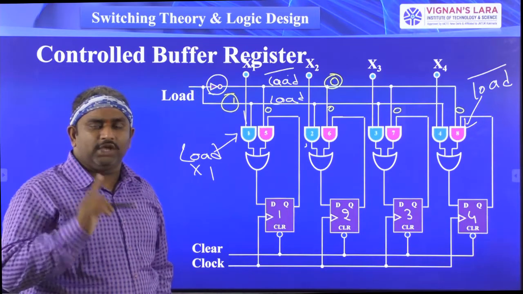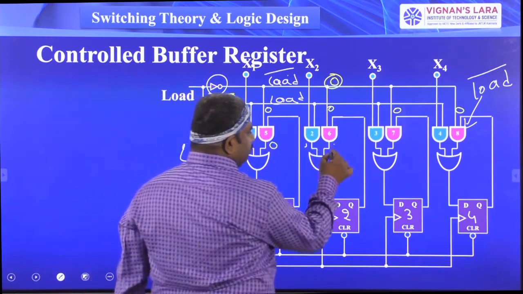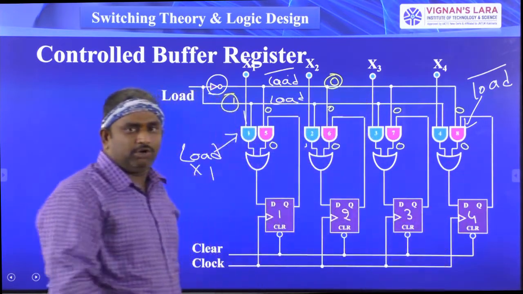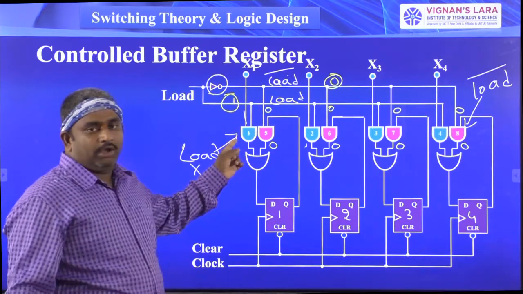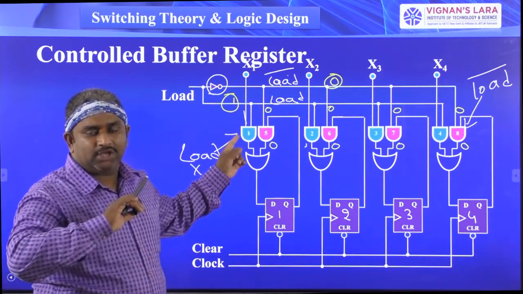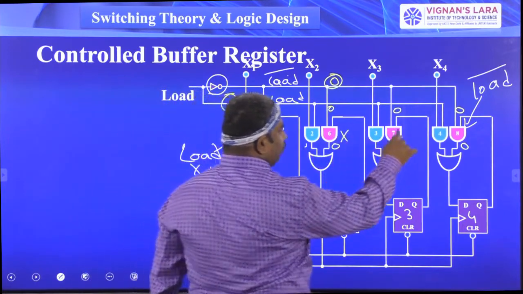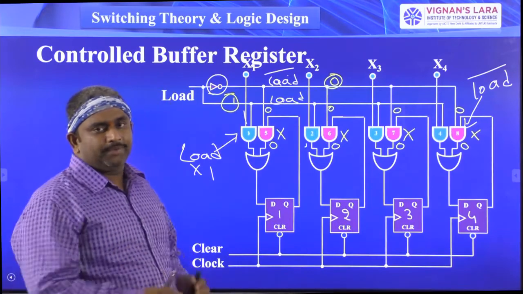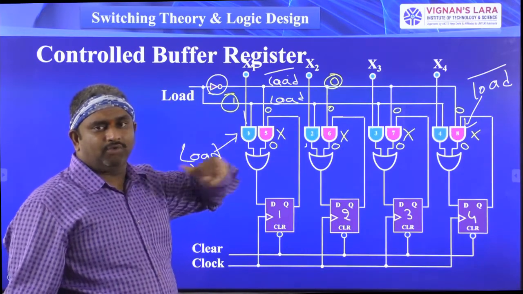Automatically, if one of the inputs is 0, the AND gate output is 0. So when load is equal to 1, the pink color gates are not in working condition.